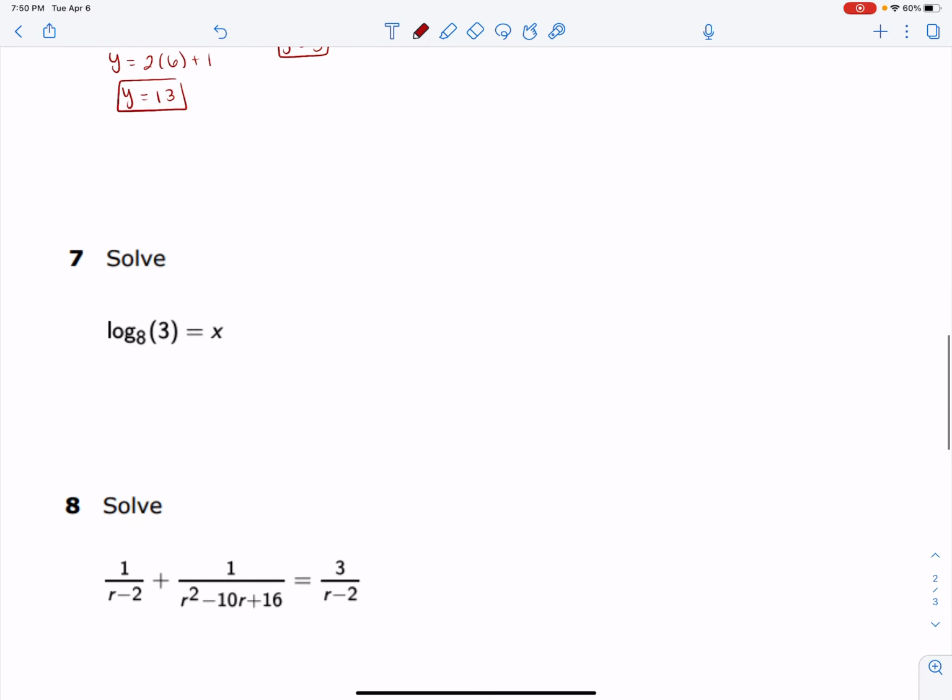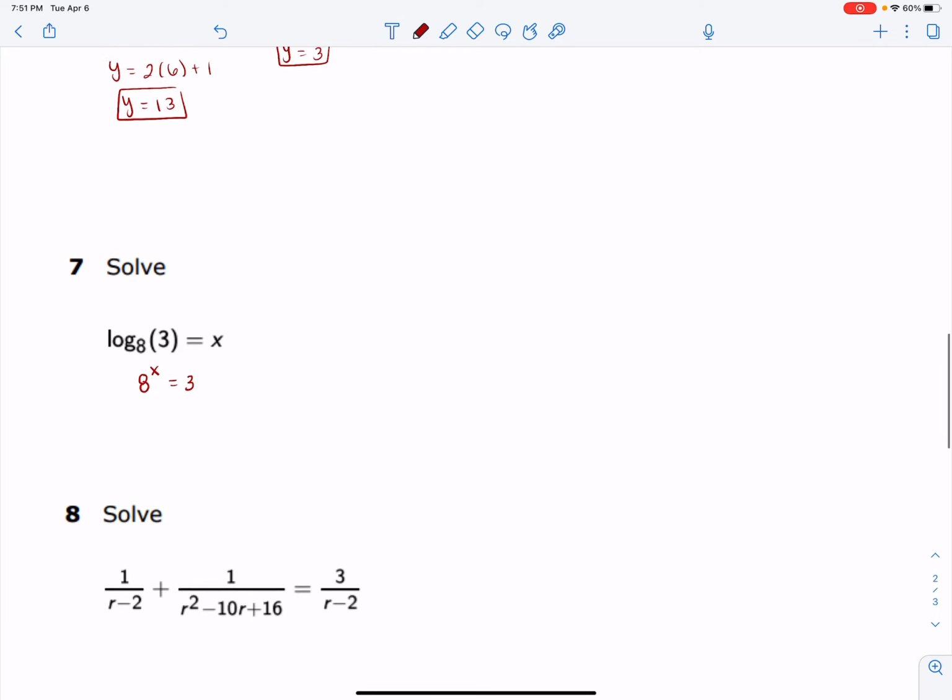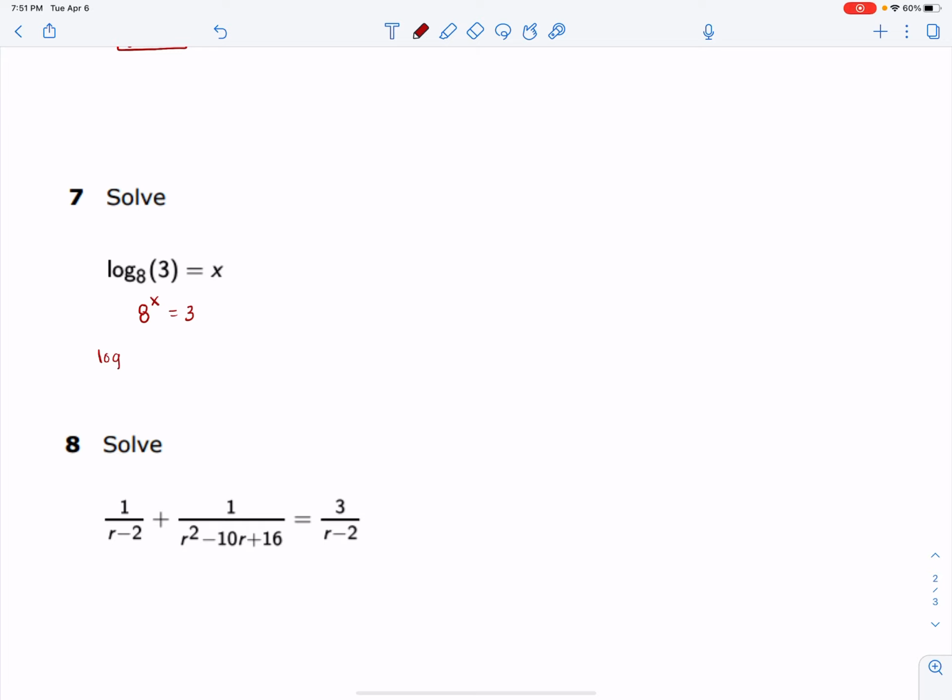Number 7. All right, so what we have to do first is change this log equation to an exponential. So 8^x = 3. Now, if you can make 8 and 3 the same base, then you could solve the exponents, but I can't make 8 and 3 the same base. So instead, we're going to take the log of both sides. That allows us to take the exponent and pull it down in front.